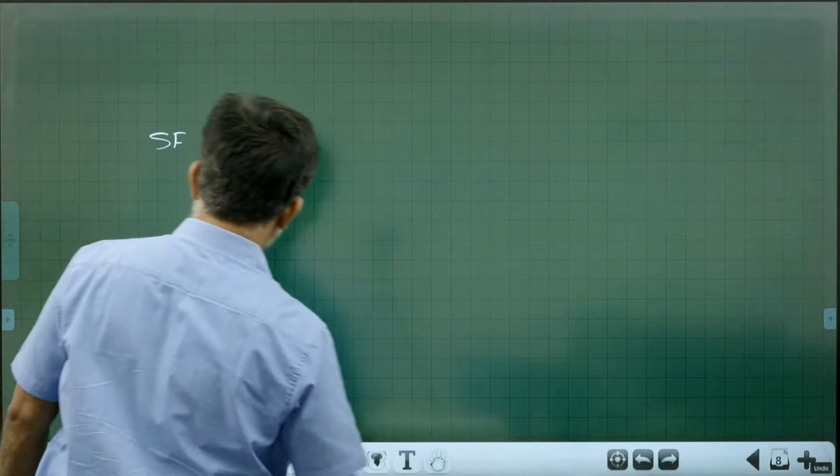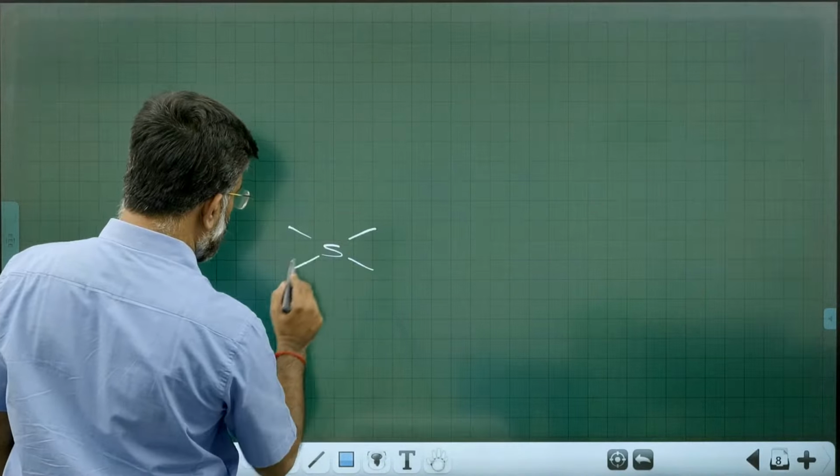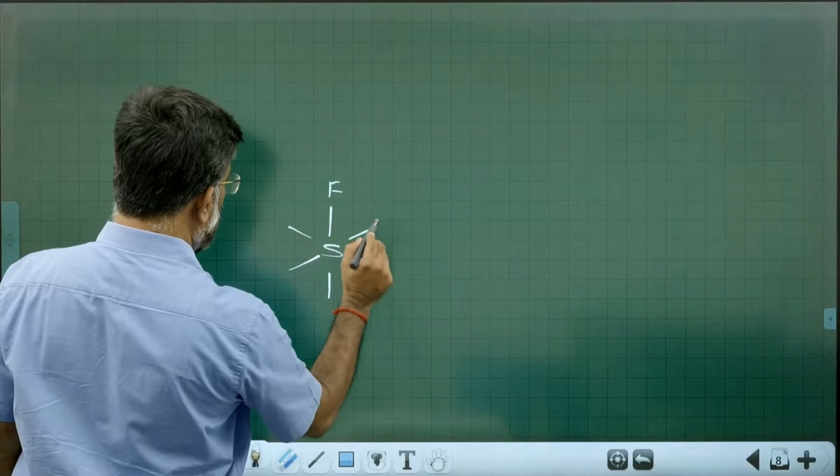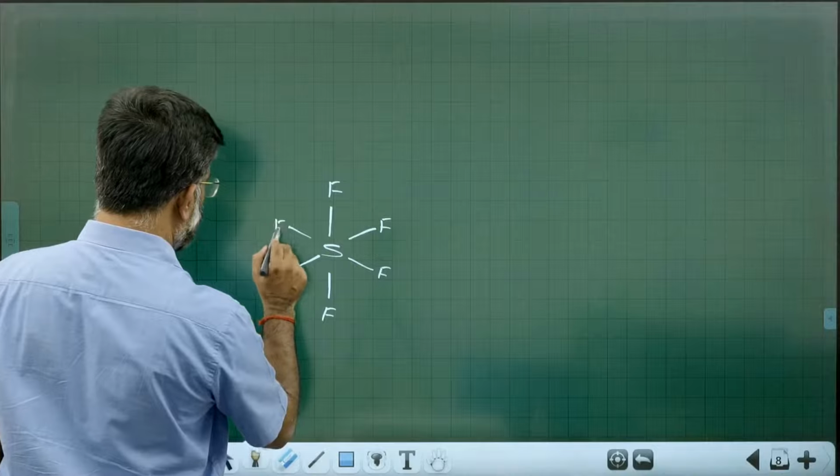This SF6 molecule is exceptionally stable due to steric reasons. Here the small fluorine is creating a steric protection.